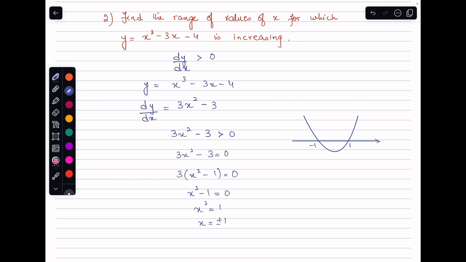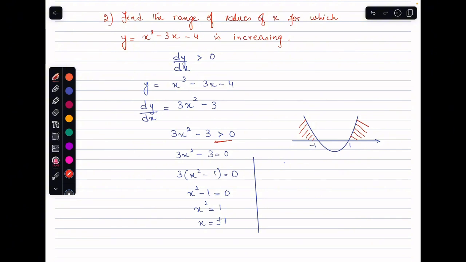As the condition says, for 3x squared minus 3, the gradient has to be greater than 0. Just keep in mind that it's dy by dx, we are talking about the gradient here.